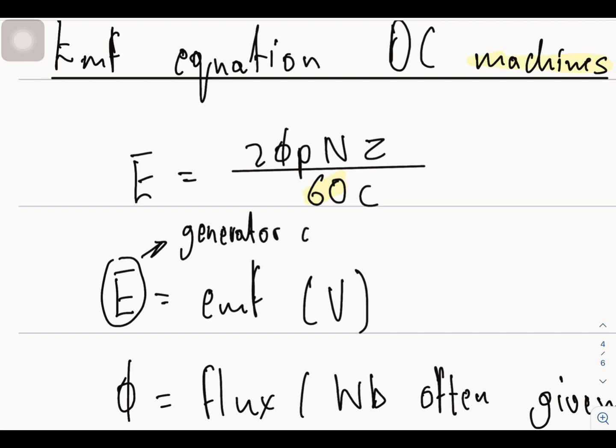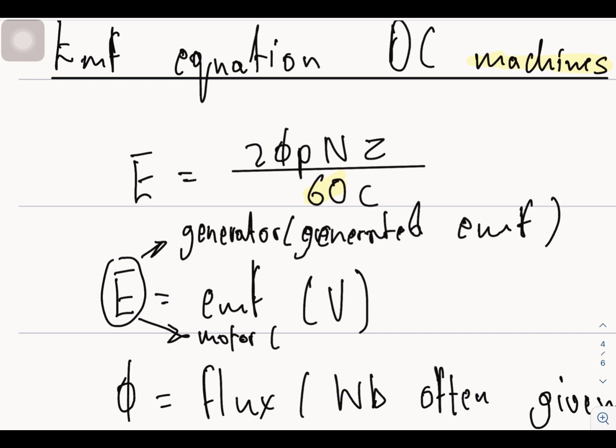the generated EMF. Okay, if we talk about E in a motor, what are we talking about? We are talking about the back EMF. The back EMF, guys, is the voltage that is being generated in the motor. One would ask, hey, does a motor generate electricity? Yes guys, a motor does generate electricity, but the electricity that it is generating is opposing the voltage that we are supplying.